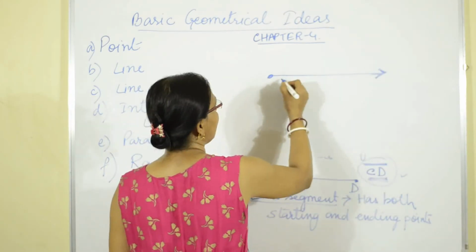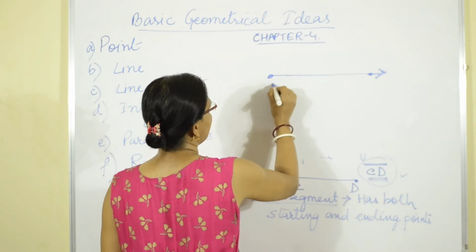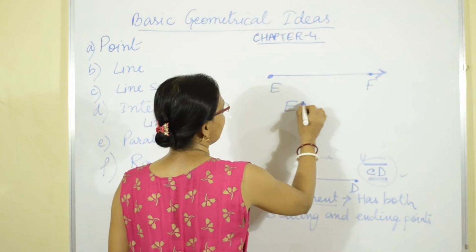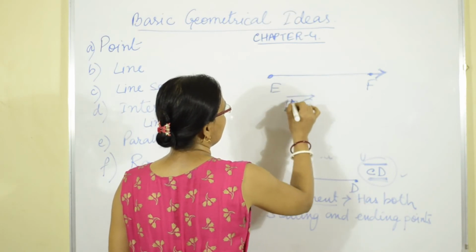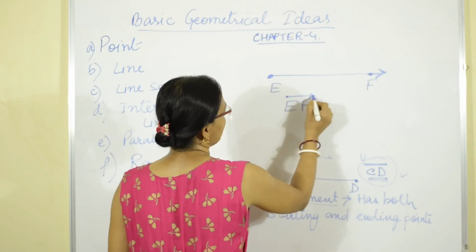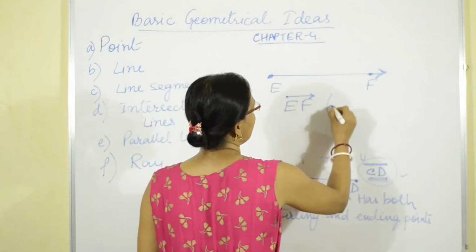Now, this is how a ray is drawn. Say for example, I have taken EF. Now, how do I write EF as the ray? This means that it starts from E, but it does not stop at F. That is what a ray means.